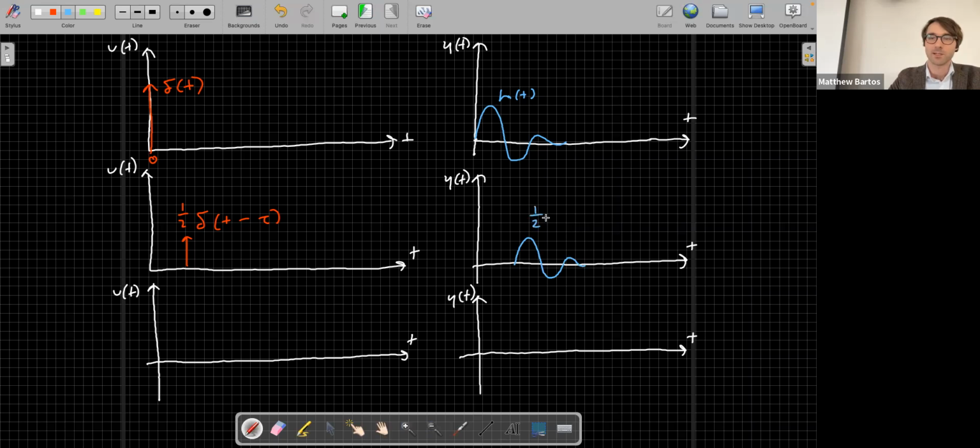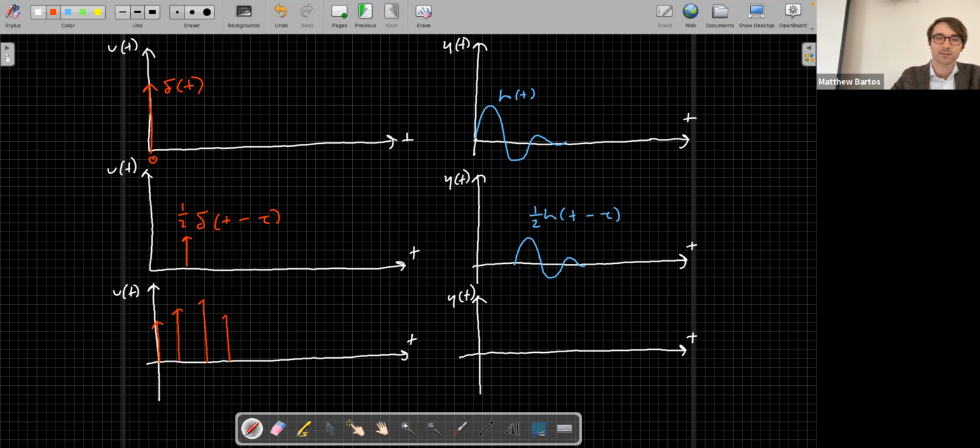So we'll end up with something like 1/2 h of t minus tau. So we applied a Dirac delta, an impulsive load, to the system at time 0, and it produces some impulse response. If we shift that impulsive load and scale it, we'll get a shifted and scaled impulse response. Then let's say we have some function that we can decompose into a train of Dirac deltas.